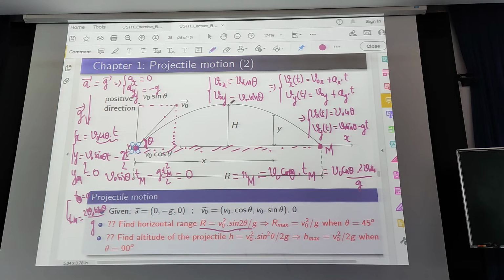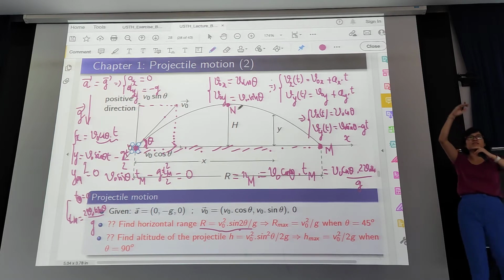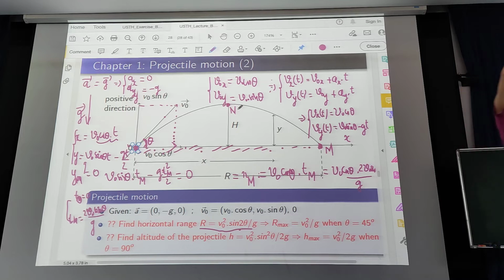So the amplitude, now you calculate this one at this point. This point I denote as n. How can you calculate the amplitude with the information you have?